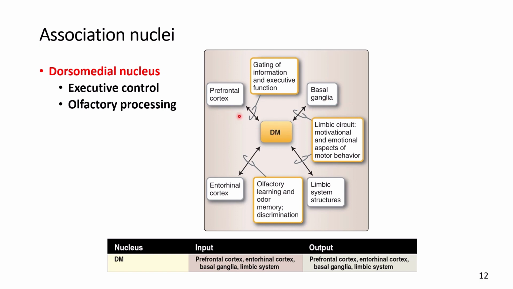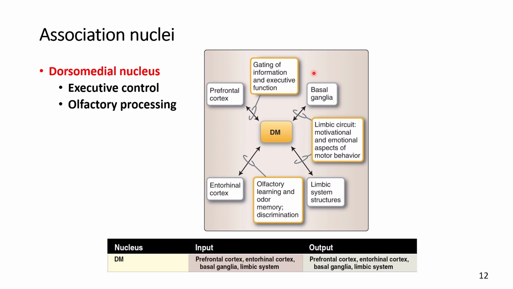It is also connected with the prefrontal cortex. The dorsomedial nucleus filters some information, and information that it thinks is important, it sends to the prefrontal cortex. So that's gating information. Not everything is sent there. It's also part of the executive function, which I talked about before, like paying attention, planning, problem solving, and working memory.